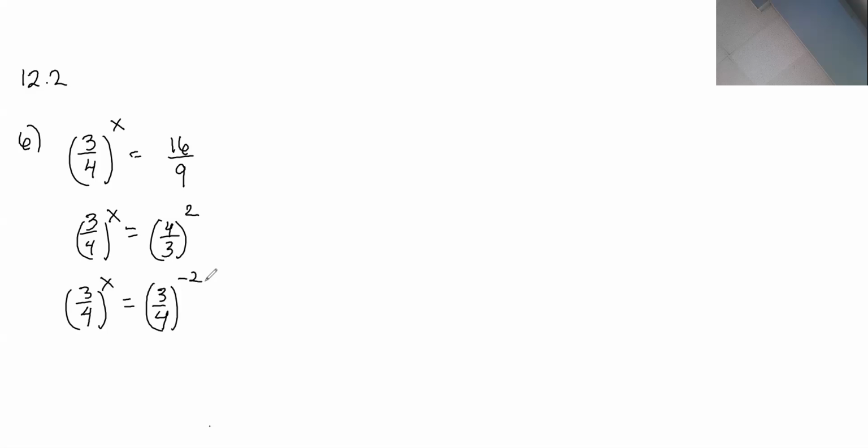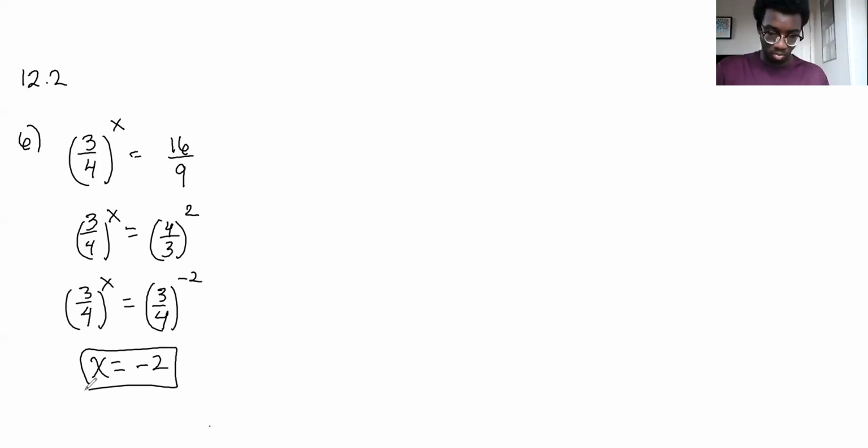Now that the bases are the same, and there's only one on each side, I can drop the bases, and x equals -2. All right, questions? All right, next one is number 8.